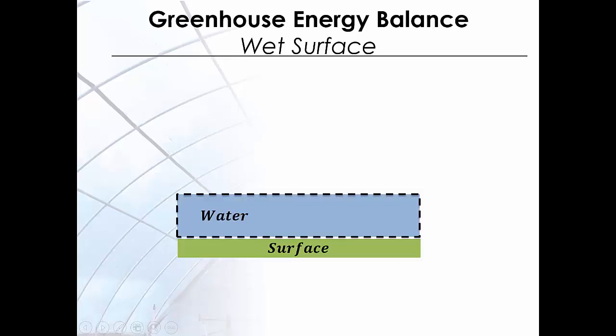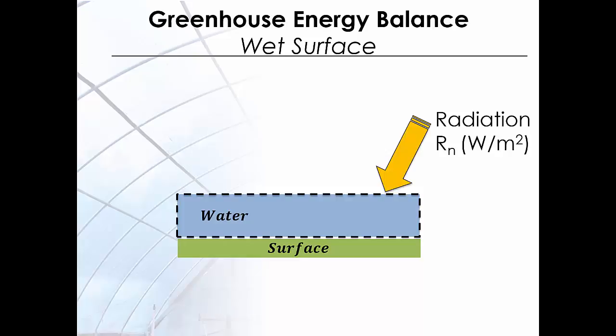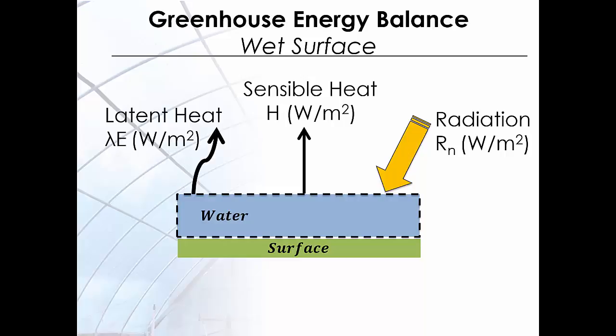Now let's discuss the energy balance of a wet surface. In order for water to evaporate from a surface, we need energy for evaporation. Furthermore, the air that is directly in contact with the surface needs to be removed so as to replace it with unsaturated air that can absorb water. For a wet surface exposed to solar radiation, the absorbed energy given by solar radiation will need to be converted to sensible heat and latent heat components.